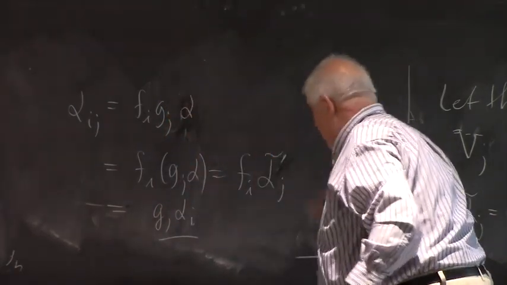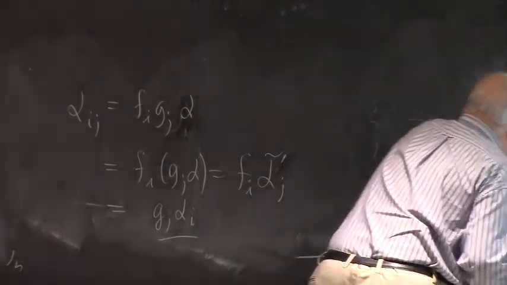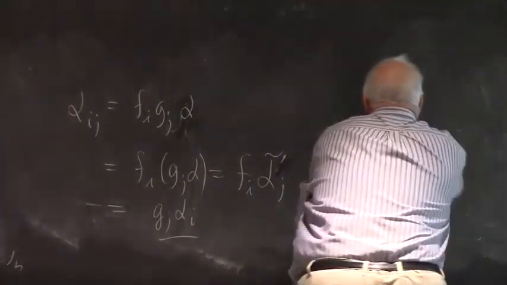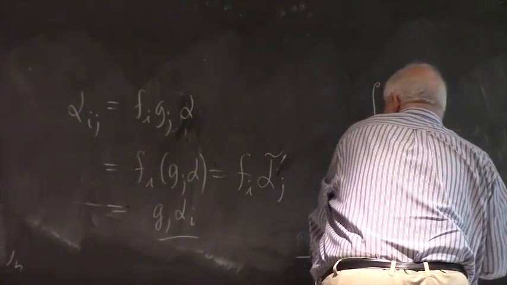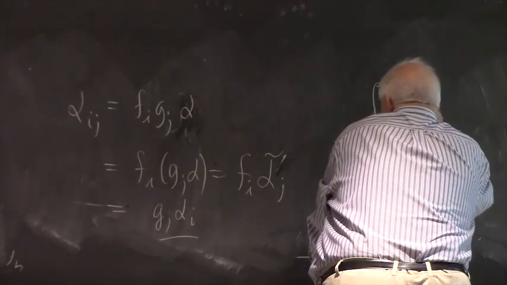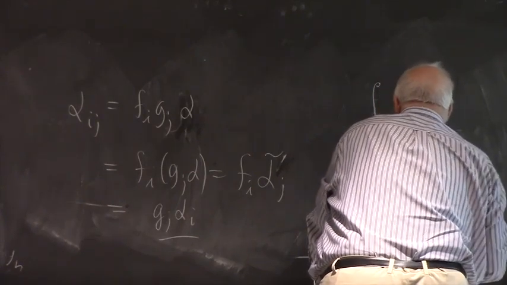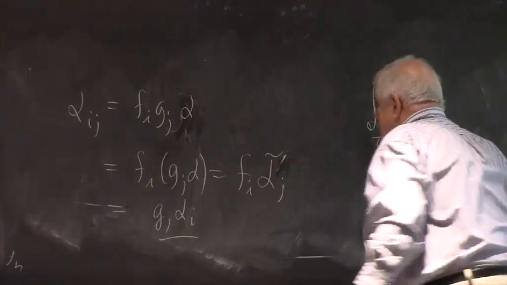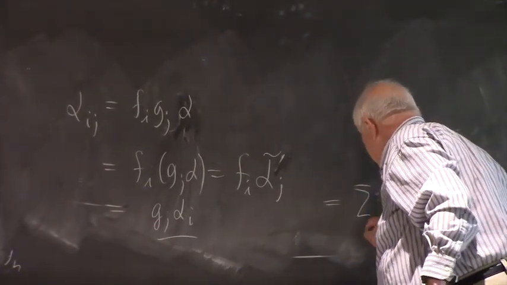Now, the integral over Ui of alpha I, that is the integral over M, is equal to the sum.